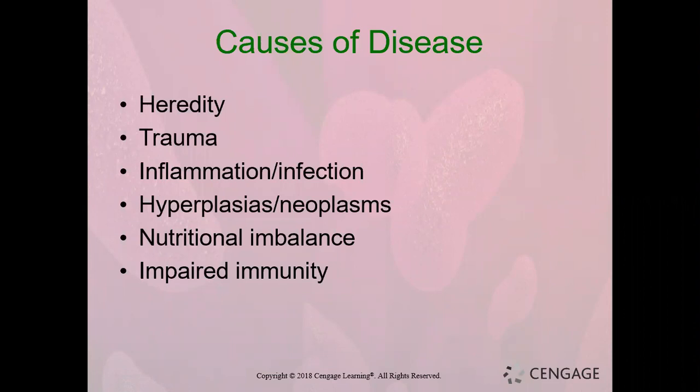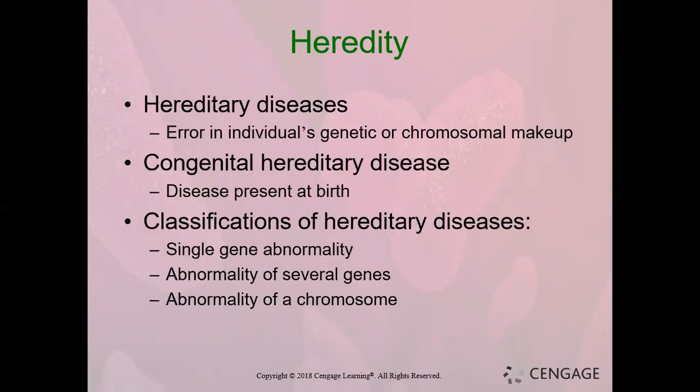Trauma can cause some diseases, inflammation and infection. Neoplasms or cancer, hyperplasias are just rapidly dividing, similar to cancers. Nutritional imbalances and impaired immunity can be the causes of some diseases. HIV is an immunity type of disease. We're going to go into each of those a little bit.